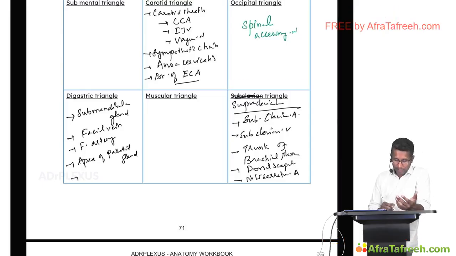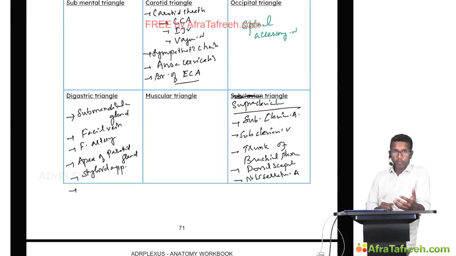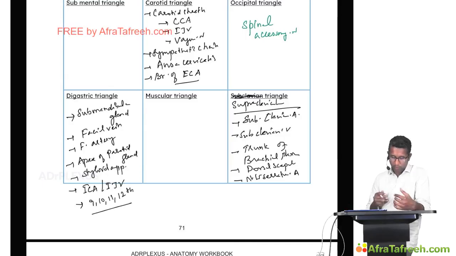When you go slightly deeper, you can see the styloid apparatus in this triangle. In between these areas you can also see the internal carotid artery and the internal jugular vein in this region, and you will also see the 9th, 10th, 11th and 12th cranial nerves when you go much deeper in the digastric triangle.